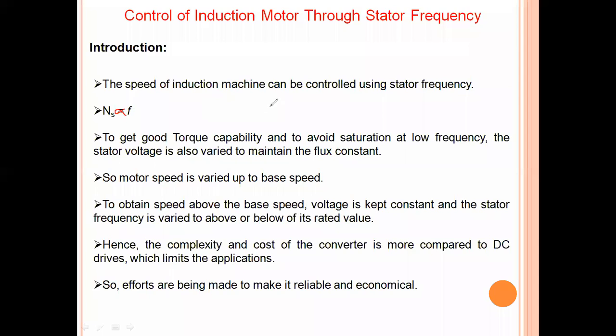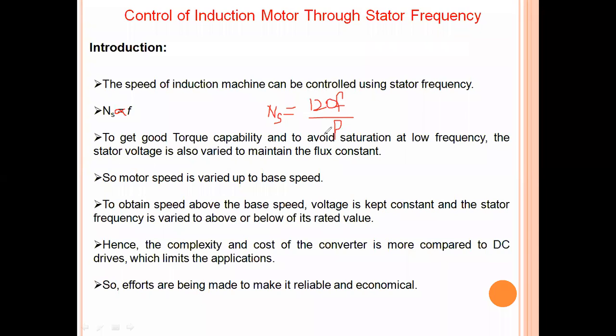We know the equation for synchronous speed in the AC machine, which is Ns equal to 120 times F by P, where F is the frequency and P is the number of poles. We know this formula.